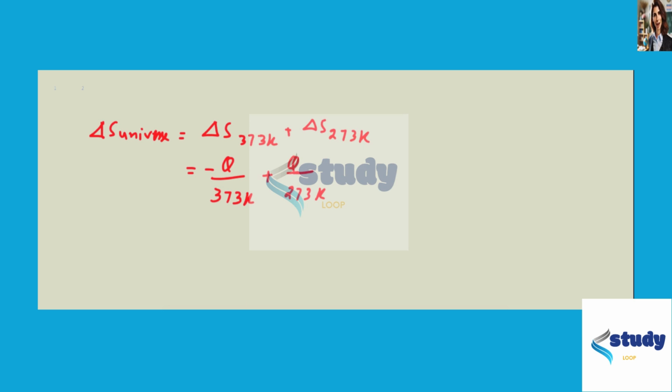So by taking Q common from both terms, it gives us minus 1 upon 373 Kelvin plus 1 upon 273 Kelvin.